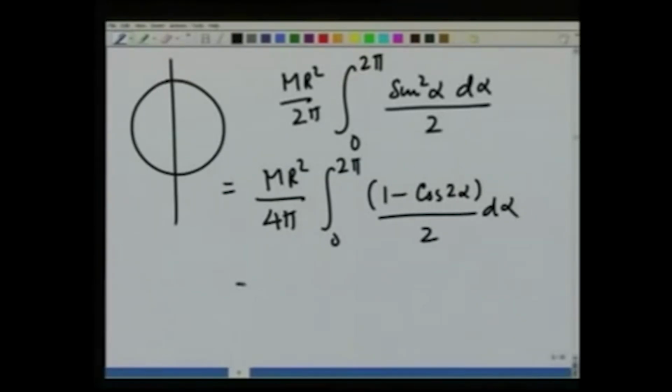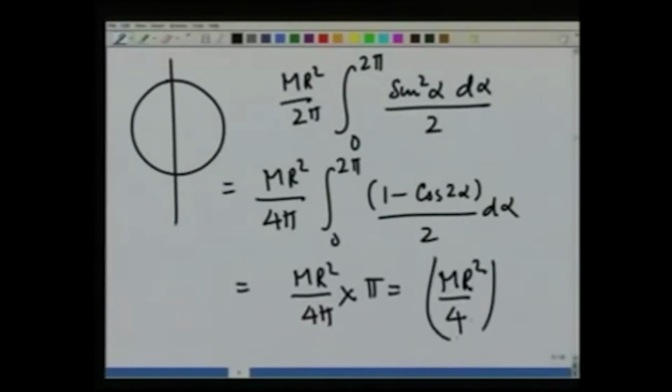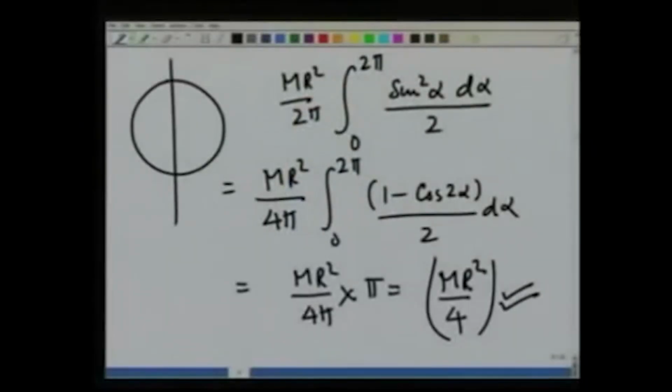This you can see right away is nothing but mr square over 4 pi times pi, which is mr square by 4, a result again you are well familiar with. So, for a disc about its diameter, the moment of inertia is mr square by 4.